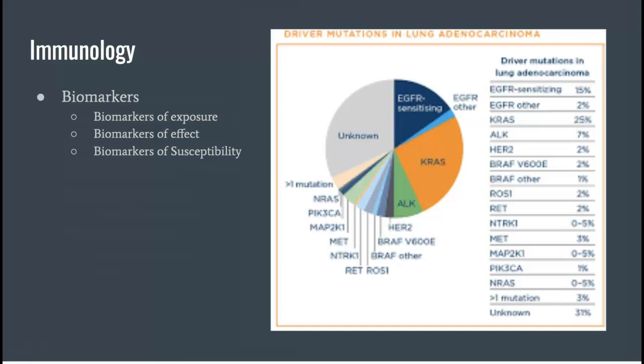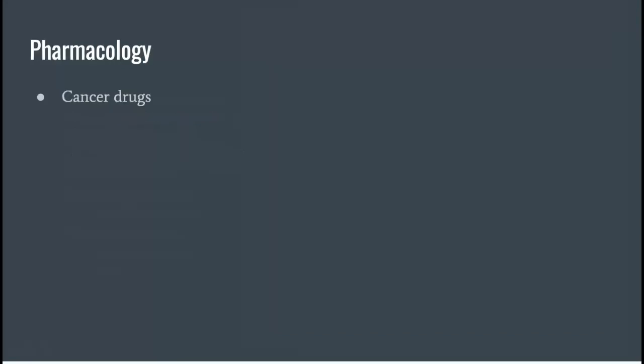So there's biomarkers of exposure and biomarkers of effect, as well as biomarkers of susceptibility, which all allow for exposure of the different cells to indicate whether or not the immune cells are reacting correctly to the treatments and everything else that goes along with cancer.